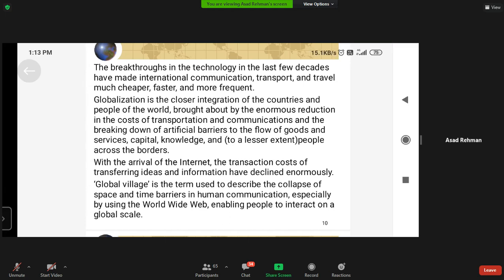So all these things, I'm just giving you a few examples, show the closer integration of the countries and the people, which has been brought about by the reduction in the cost of transportation and communication, and not just in the cost but also in the time required now as compared to previous scenarios.